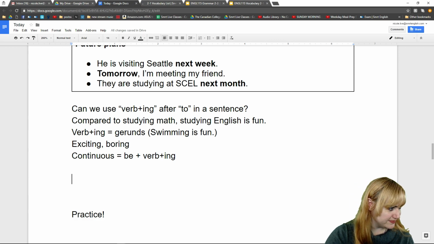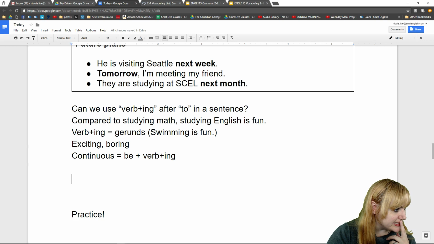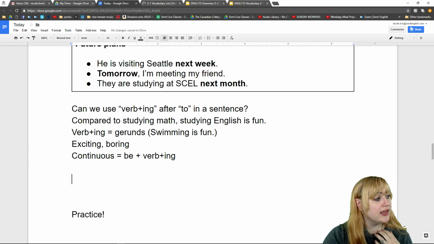Let's see if there's any more. Okay, let's see. Oh, so Kyle Fonseca asked, is the use of those verbs, I think he means state verbs, so is the use of the state verbs in present progressive acceptable for spoken English? So sometimes yes.